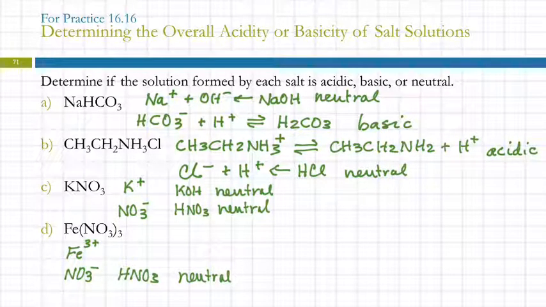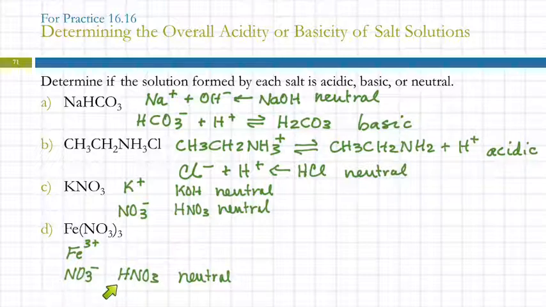And then we got this guy. And I don't know about you, but I sometimes have a hard time remembering, is that going to act as an acid or as a base? I can remember the iron and aluminum ions do something, right? And you're correct, it acts as an acid. So cations, like this one and this one, can act as acids, and anions can act as bases.